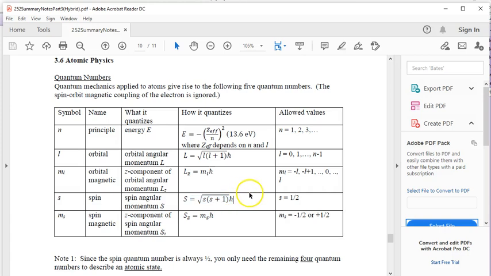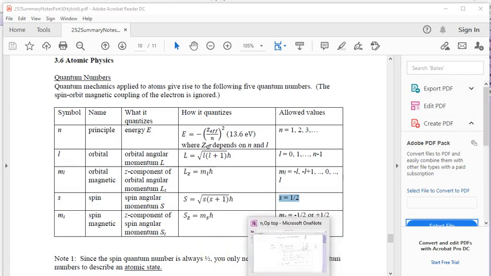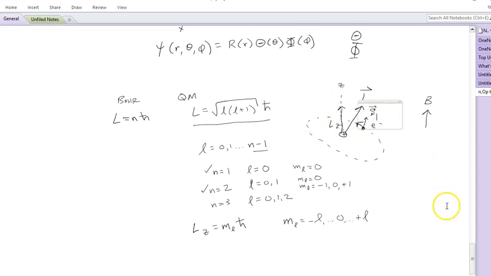Now, it turns out for the electron, there is only one possible value for that little s spin quantum number. It's 1/2. So the size of this vector is fixed for an electron.